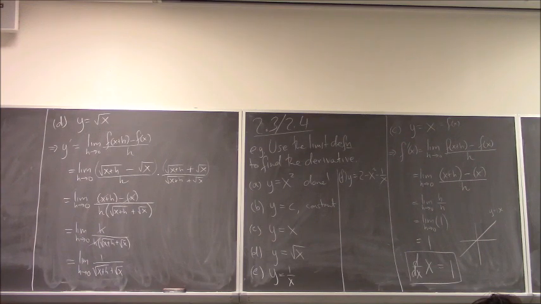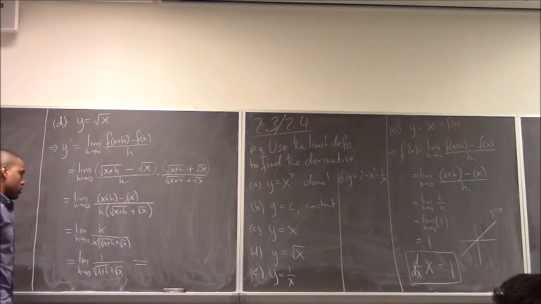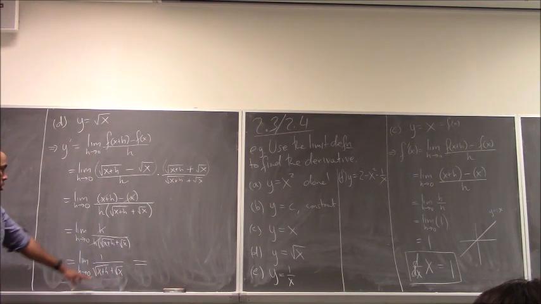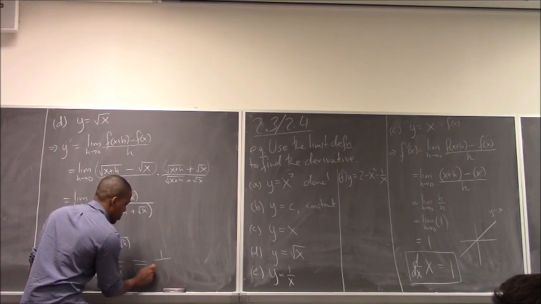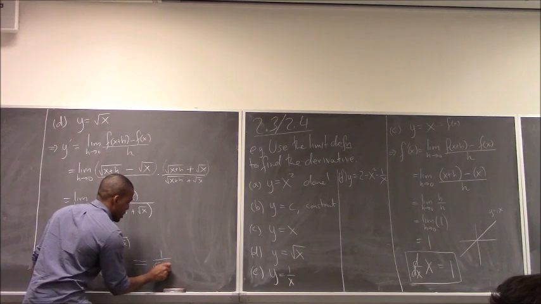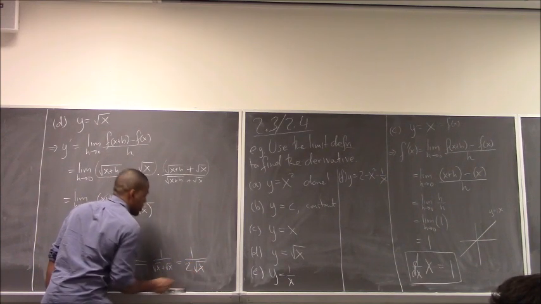And at this point I can plug in h equals 0, my denominator won't be 0. So what would I get here? Plug in 0, that just gives me radical x. So this is just 1 over radical x plus radical x. Or in other words, 1 over 2 square root of x.